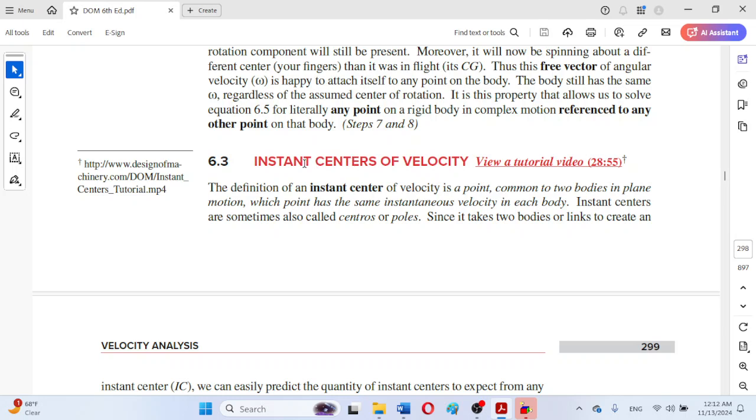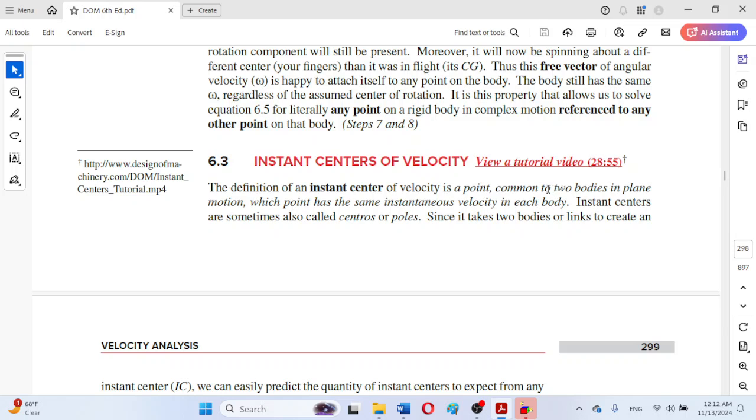Here the definition states that an instant center of velocity is a point common to two bodies in plane motion, which has the same instant velocity in each body. The definition is quite simple: it is a point common to two bodies.